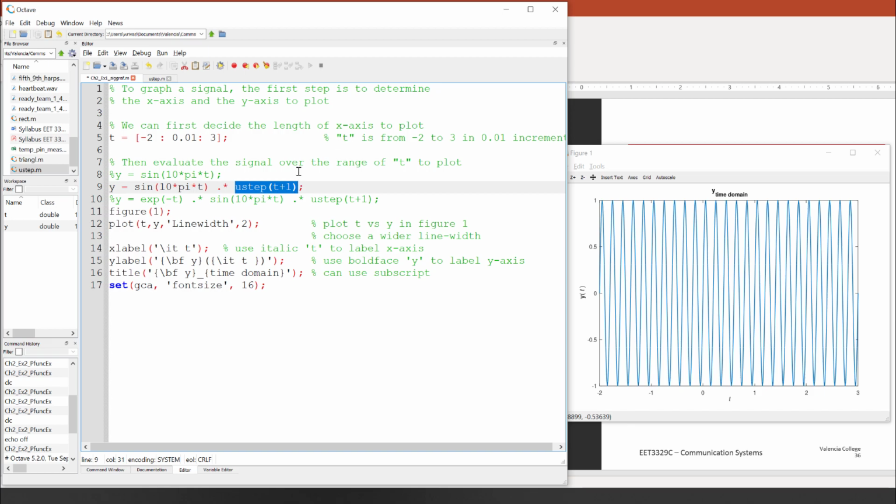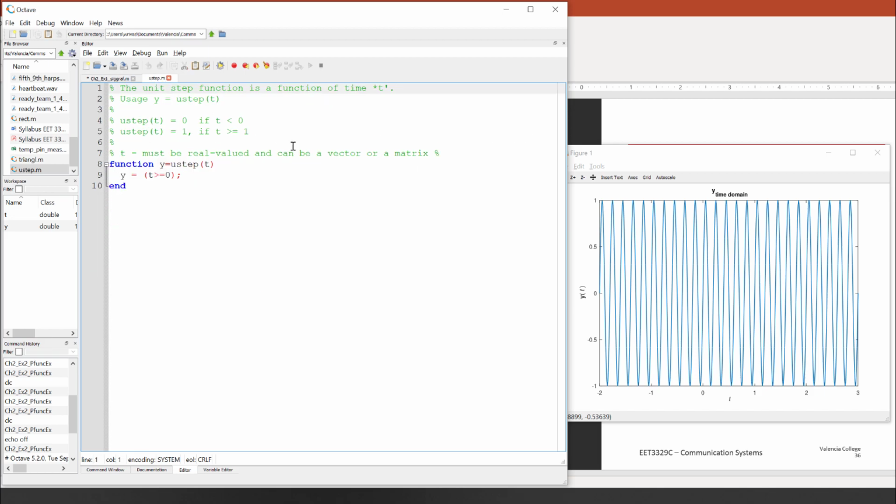Both tools, Octave or MATLAB, will find it. And honestly, guys, it couldn't have been any easier. The function is called uStep for unit step, and it's just a Boolean evaluation. As long as t is greater than or equal to 0, this Boolean is true, which evaluates to 1. If it's less than 0, it's false, which evaluates to 0. And there you go, that's your unit step.